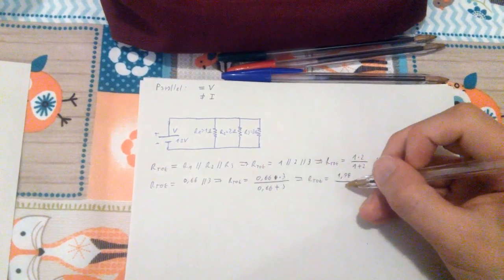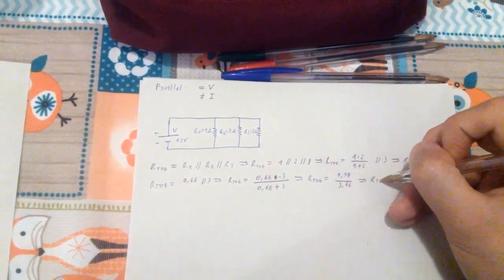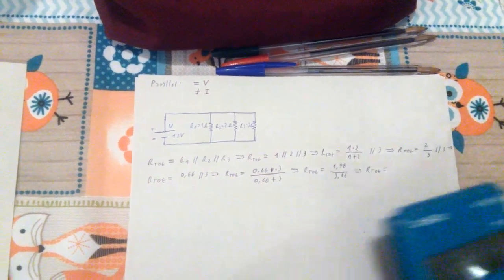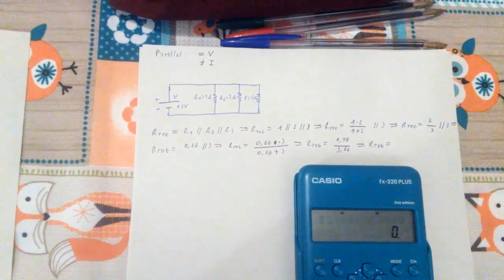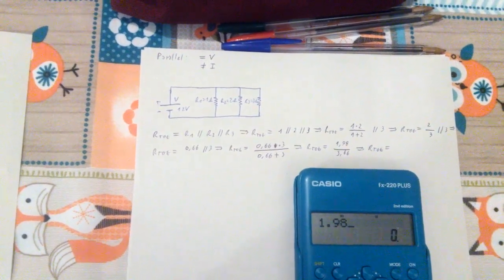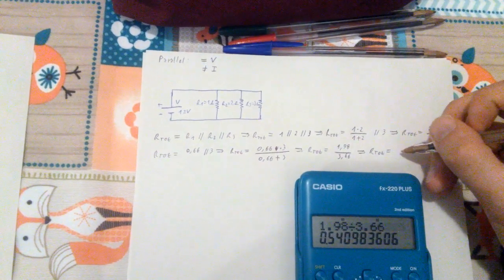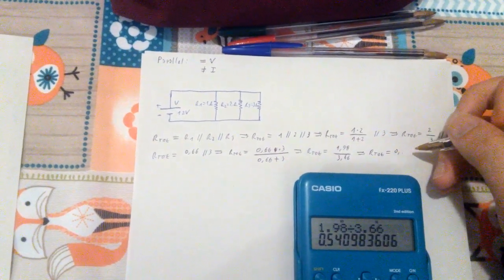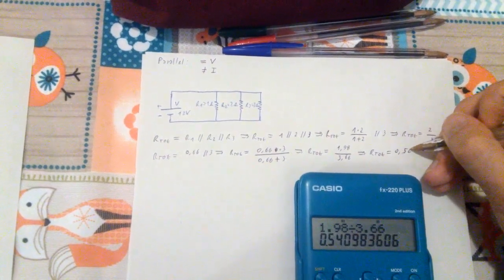And 0.66 plus 3 will be 3.66. So now, if I grab my calculator and divide those two, I'm going to get 1.98 over 3.66, which is about 0.54 ohm.